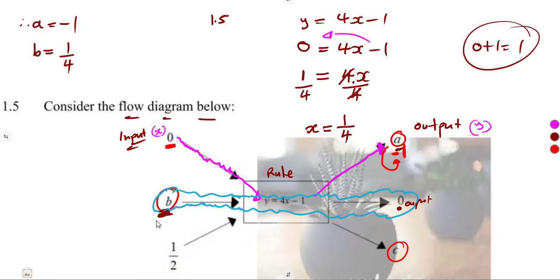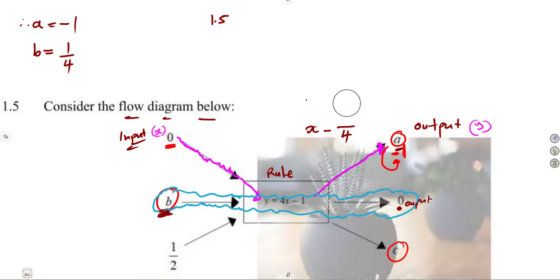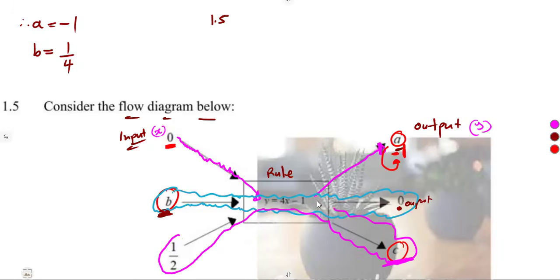The input. So that's the same thing you're going to do to determine the value of C. It is the output from this input of 1/2. We inserted this into this rule to obtain the value of C. So you just have to substitute into the rule that we are given. We are given the x value, the input. We do not have the y value.